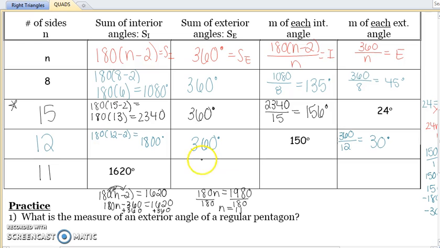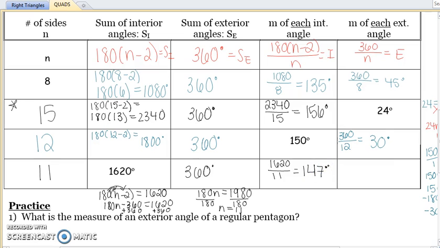Cool. Now let's fill in the rest of the chart. Sum of the exterior angles. There we go, always 360. Measure of each interior angle. We know the interior angle sum is 1620. We need to divide that value by our number of sides in the polygon. So 1620 divided by 11 is going to be 147.